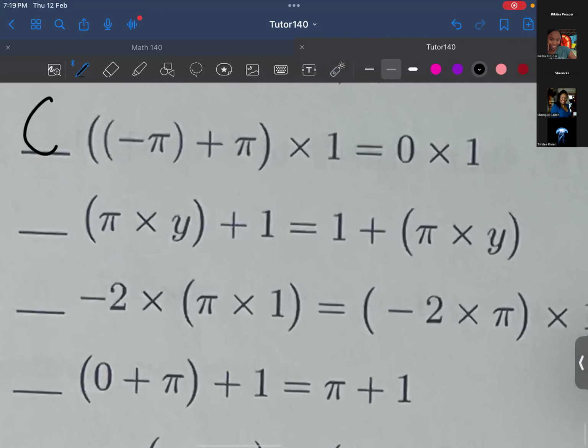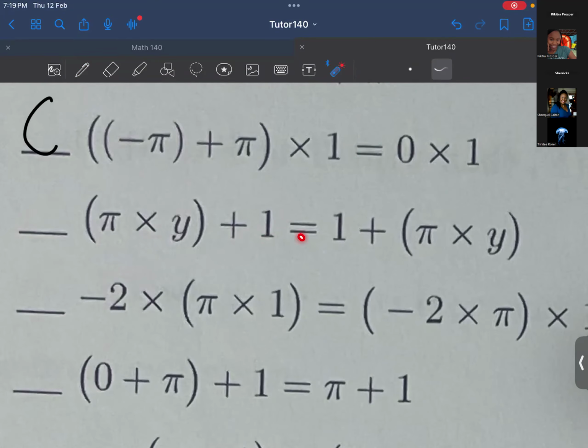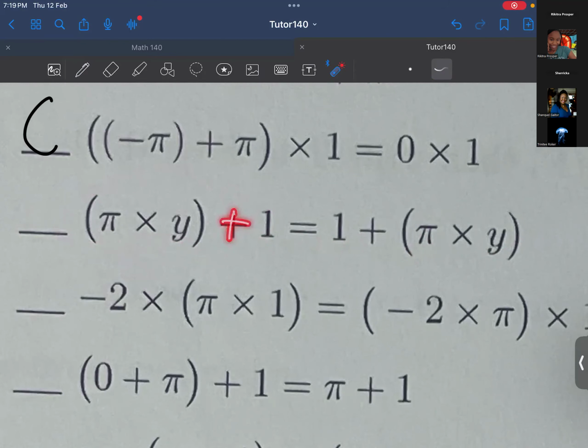Okay, so on the left side is pi times y, and then we add 1, and that's equal to 1 plus pi times y. So when I look to see the difference, this was over here, but now it's over there. They're switching around the places. And it's being added, this entire number, even though you're looking at it and you might say, okay, there's 2 numbers.